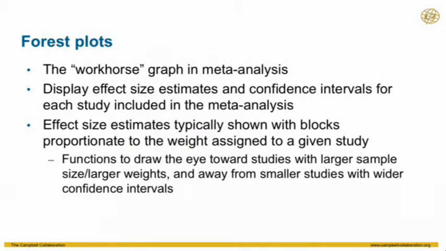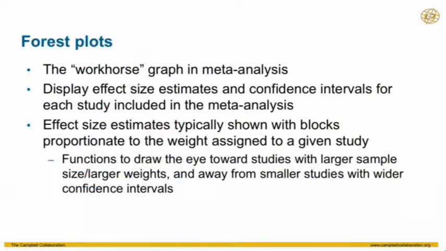We want to draw our readers' eyes to those studies, because the smaller sample size studies that are less precise and have less weight in our meta-analysis have much wider confidence intervals, and visually your eye would be drawn to those wide intervals, but that's not where we want our readers to look. We want to draw attention to the more precise estimates from the larger sample size studies that have narrower confidence intervals. So by having the boxes for each point estimate weighted proportionally to the precision, that draws the eye to those larger studies.